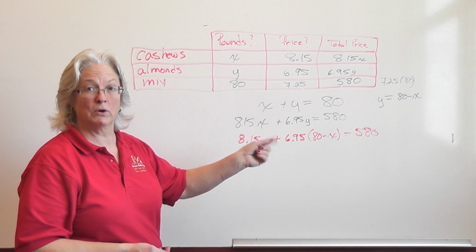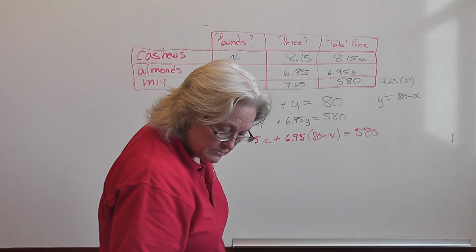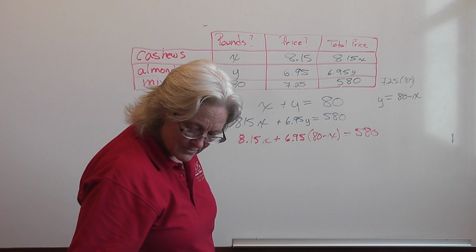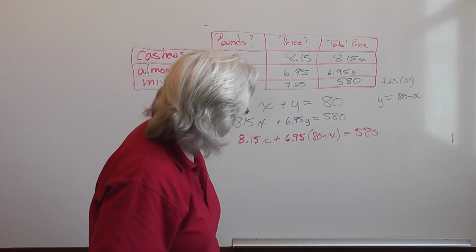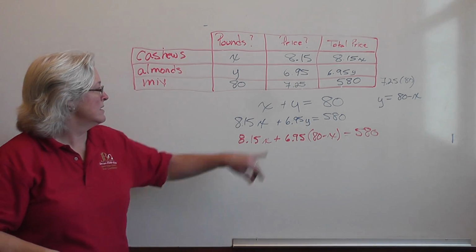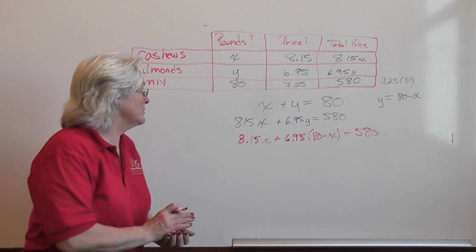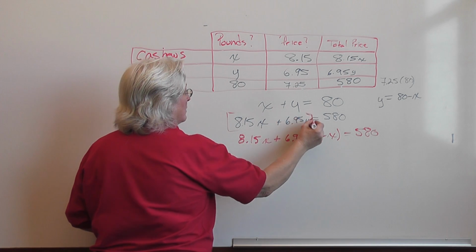And I want to glance at the book and make sure that I'm doing it the same way that they are. Before they substituted in here, they went ahead and multiplied both sides of this equation by 100.